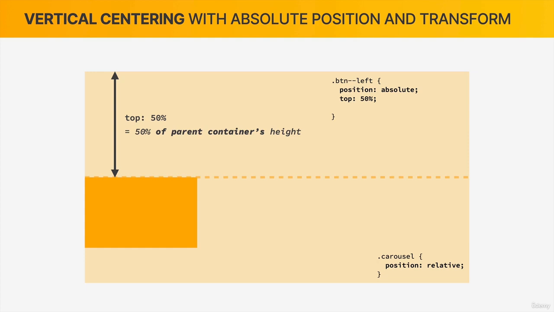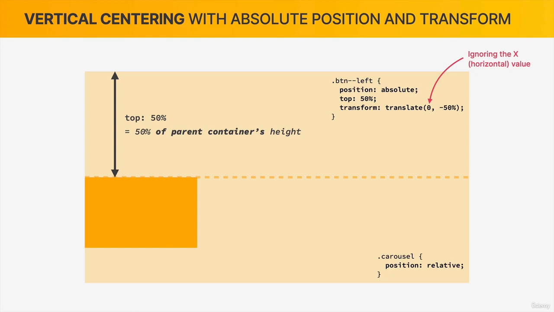And so that's where the second part of this technique comes in. So this technique of vertically centering with absolute positioning. And so that second part is by using the transform property once again. Now, in this case, we use transform not with scale, but with translate. And what translate does is to basically move the element around.